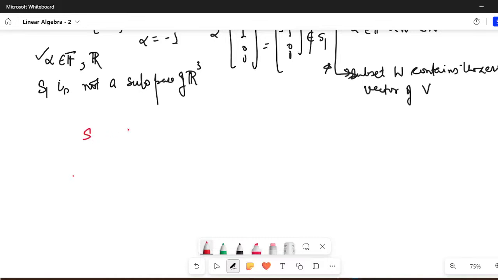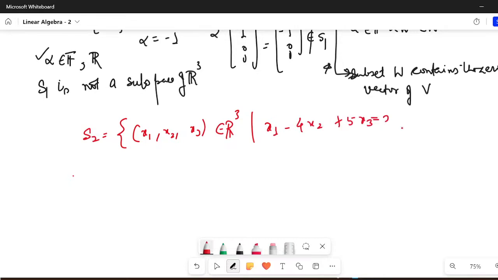Let us say there is S2, which contains x1, x2, x3, all belonging to R cube. I could also write it in column vector form, but that's fine. Such that x1 minus 4x2 plus 5x3 is equal to 2.